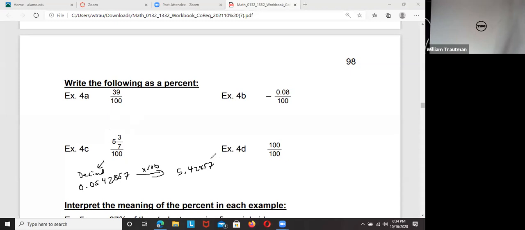And I don't know how many decimal places they want. Let's say they want 2 decimal places. I look to the right at the third, so it's 5 or more, so I add 1. So the answer is 5.43%. You see, when you multiply it by 100, you now have a percent number. This is the decimal number. This is the percent answer.